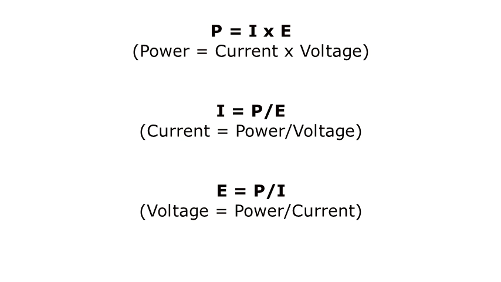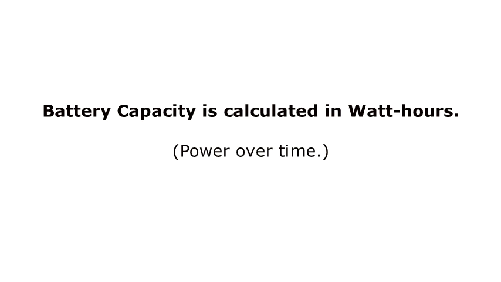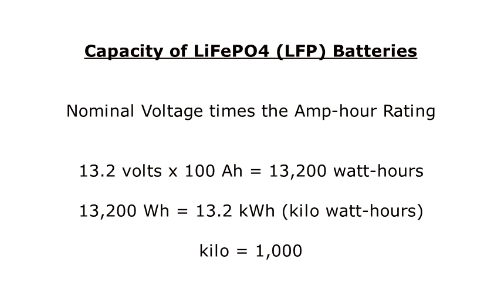To calculate the capacity of our battery pack, we need to use Joule's law. The capacity of the battery pack will be determined by the power available measured in watt hours. We know that the power is equal to volts times amps, so if we want to know the power available for a single 12-volt lithium iron phosphate battery rated at 100 amp hours, the power would be 100 amp hours times the nominal voltage.